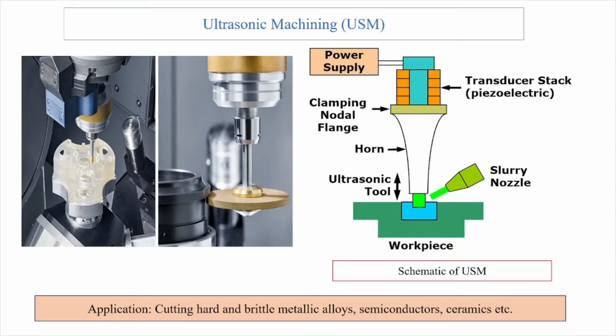So the abrasive particles, as they indent the work material, remove it in the same manner. In ultrasonic machining, mainly the brittle materials are cut by this process, because in brittle material, due to crack initiation or propagation, the brittle fracture occurs in the material. So material is removed in that portion.